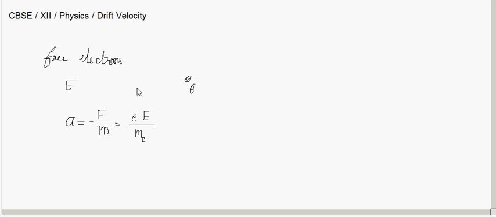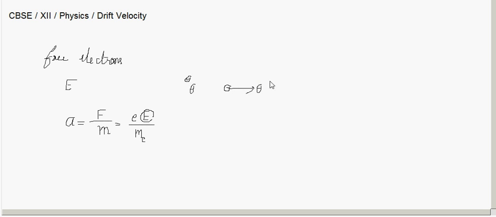So the electron experiences an acceleration in the presence of an electric field. But this acceleration is momentary, because when the electrons start moving, they collide with each other and lose the gained velocity.